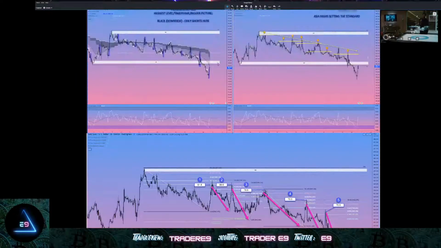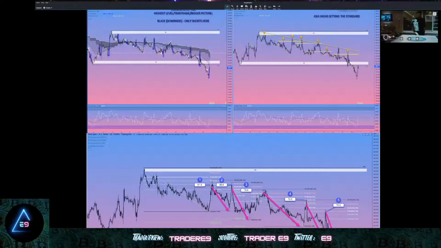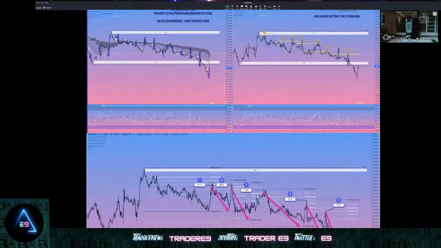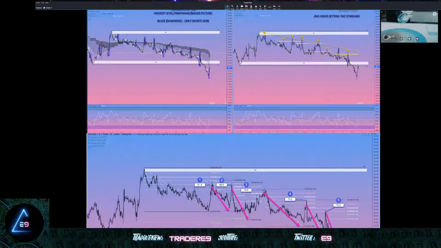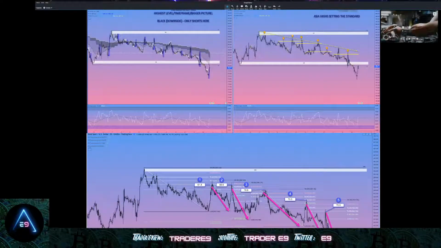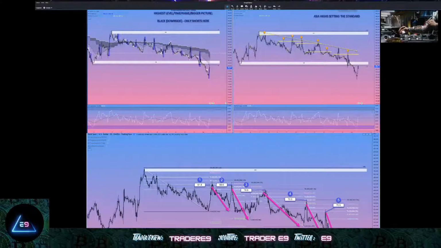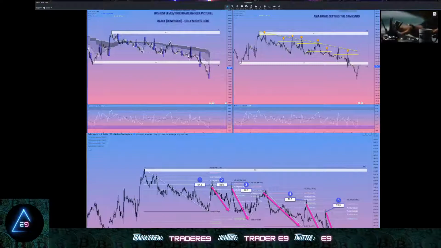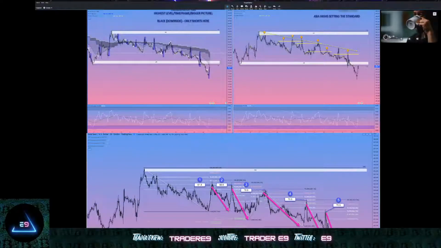Let's have a look on the tide, right there. The tide's black. The trend master level has been broken, but if I showed you the chart previous, it's coming down.